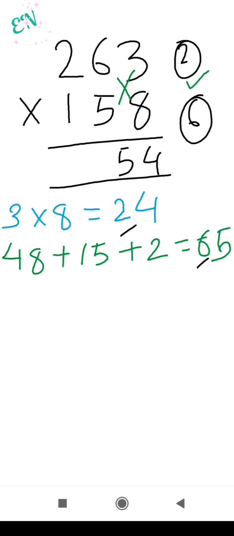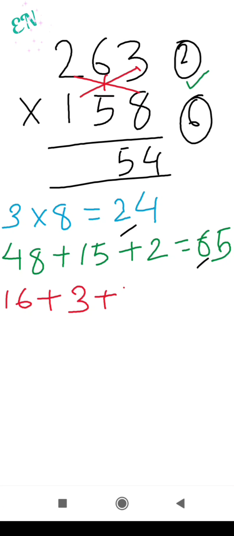The third step is somewhat tricky one. So in the third step, we need to multiply hundreds to ones, ones to hundreds, and both the tens together. Then we need to sum up all the numbers with the carry. So 8 2s are 16, 3 1s are 3, and 6 5s are 30.